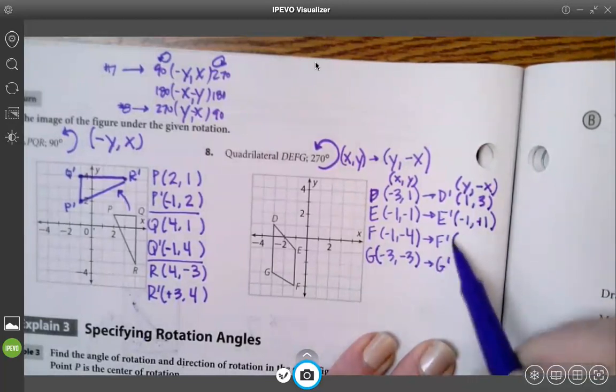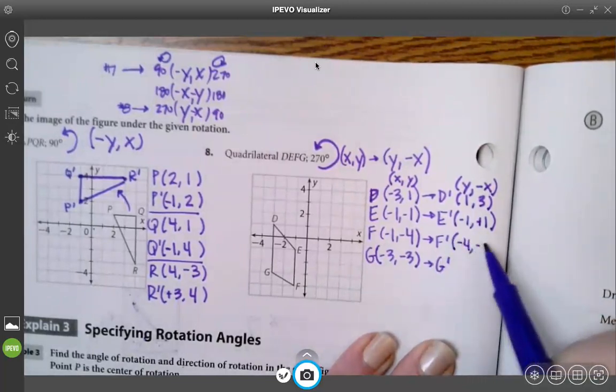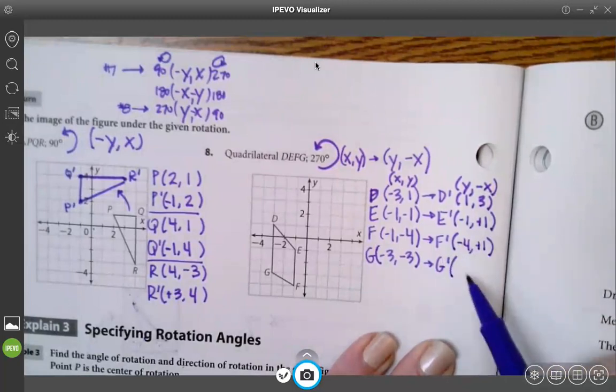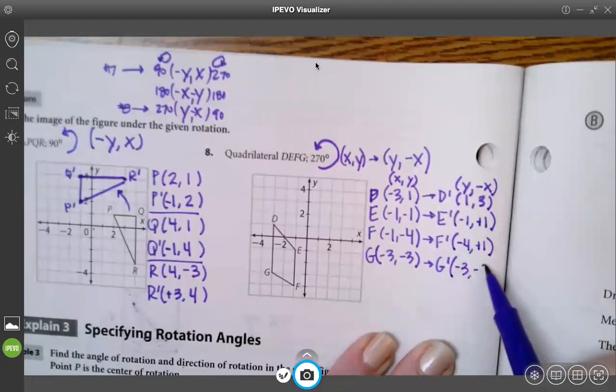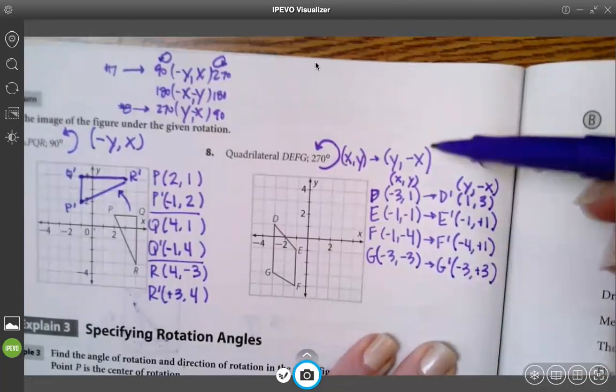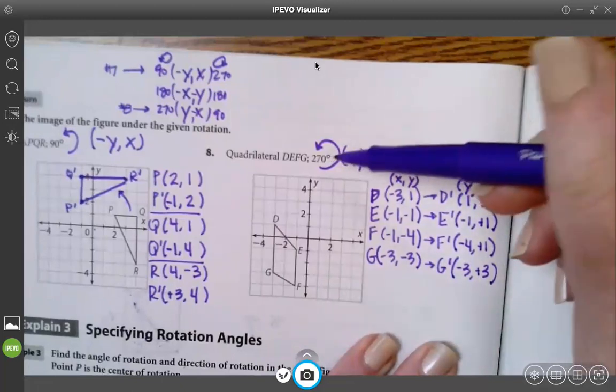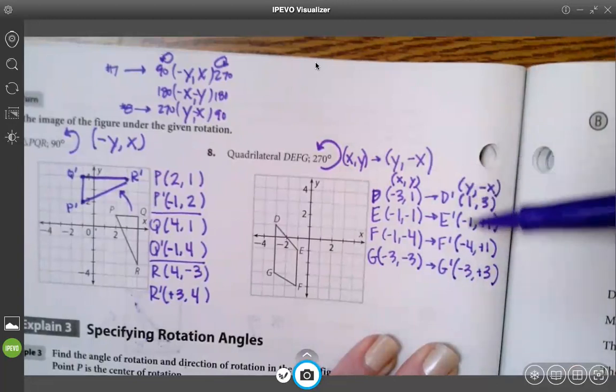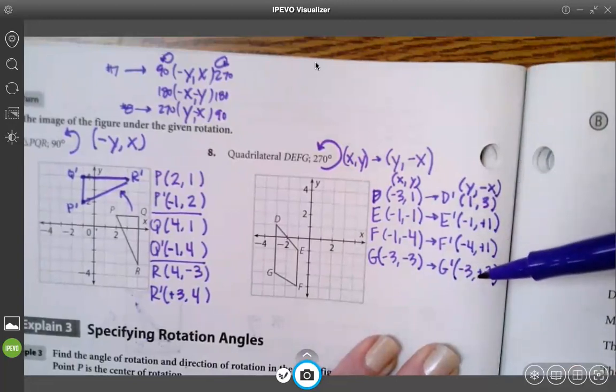For F prime, again, switch the order, change the sign on the new back number. G, we switch the order, we change the sign on the new back number. And we just repeat this rule for 270 degrees of rotation for every point that we have. So this is our set of coordinates for our rotated figure.